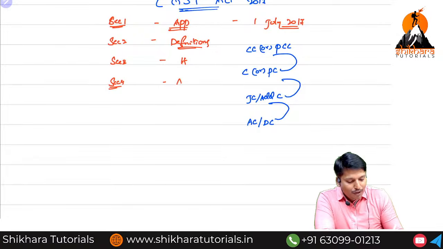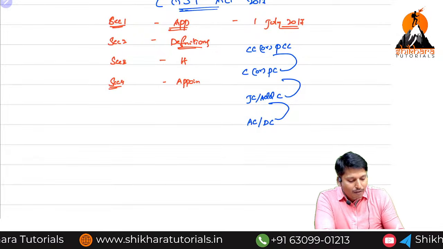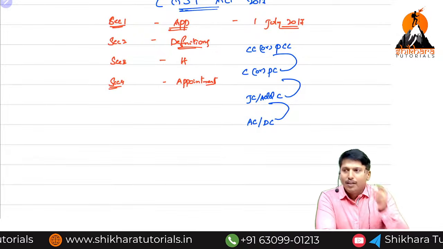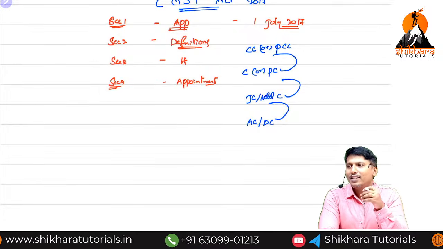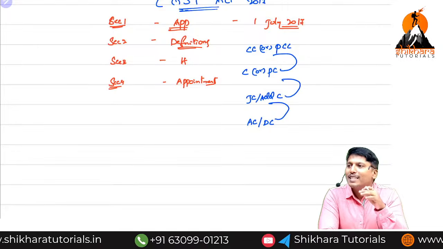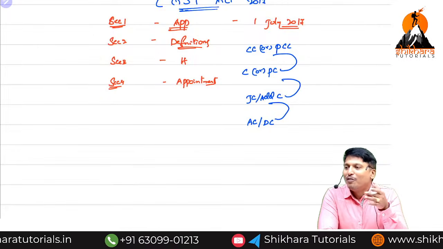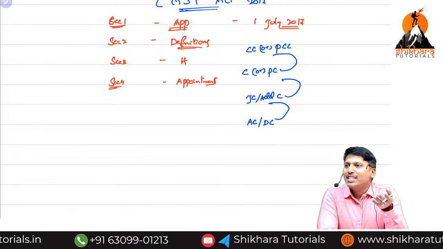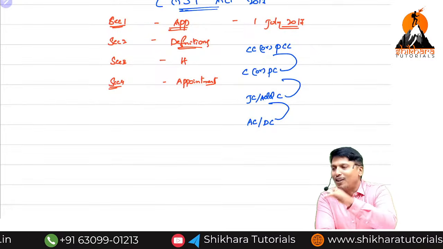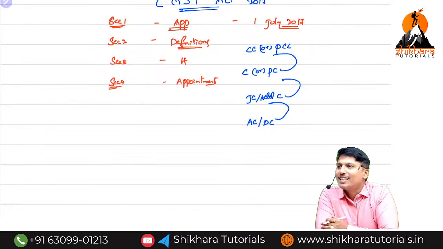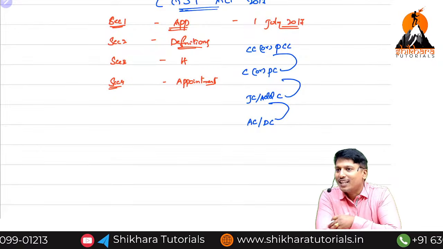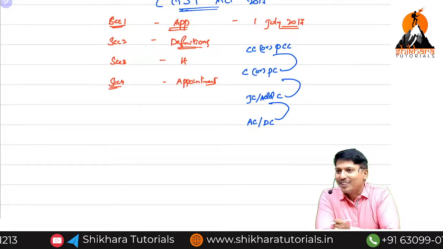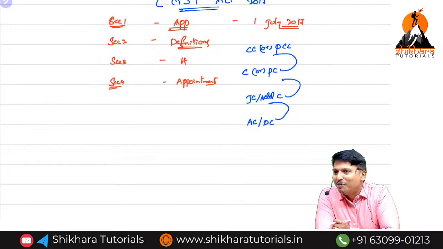Section 4, appointment of officers. Nana, in the GST department, low level officers and employees are appointed by whom? Which officer has the authority to appoint low level officers? That is section 4. If any need arises, someone can be taken on for a job by the commissioner.